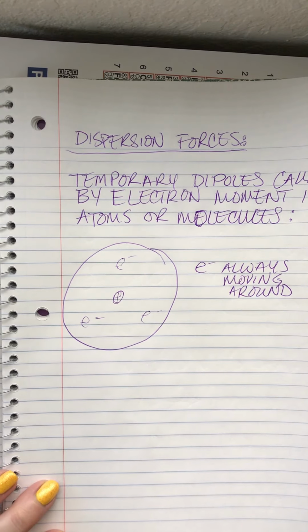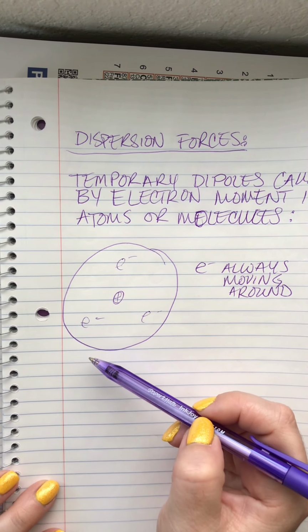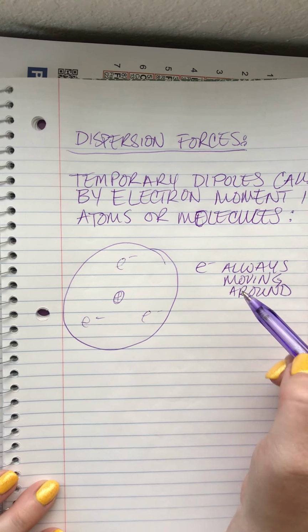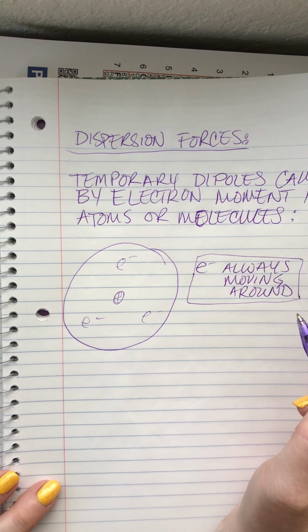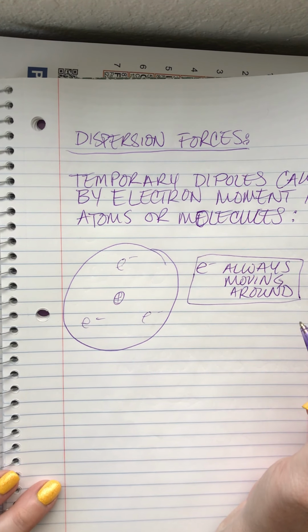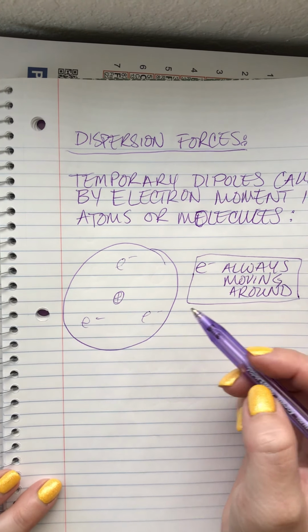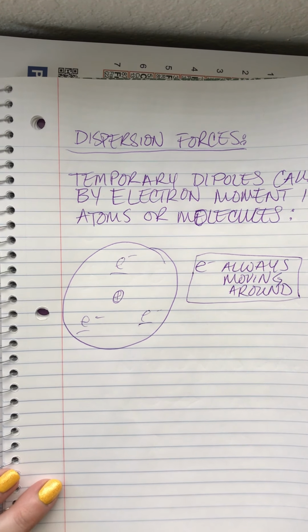What we're saying is they're happiest when they're separated. Does that make sense? But if they're always moving around, are they always going to be able to maintain that separation? No. And that's kind of what we're saying, is that they're happiest when they can be farthest apart.